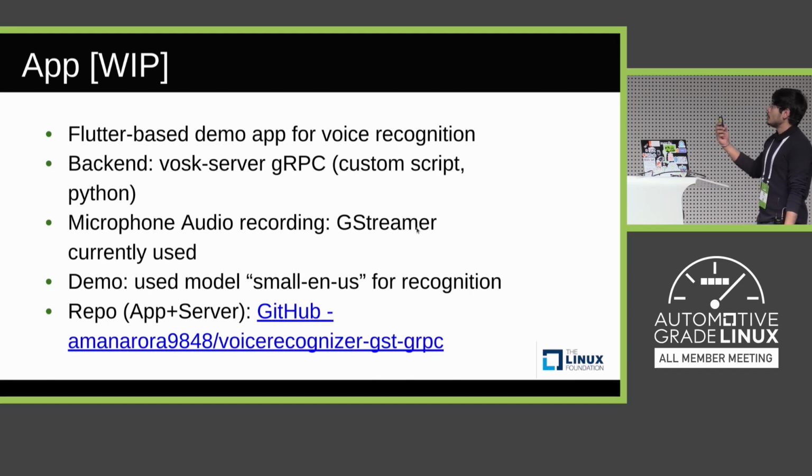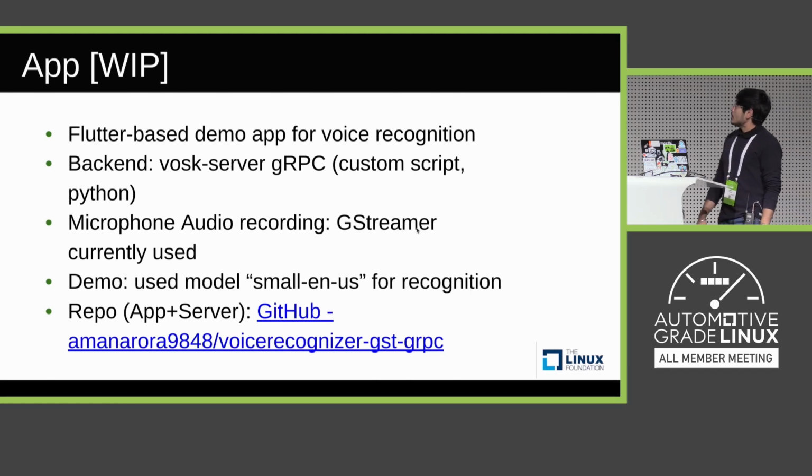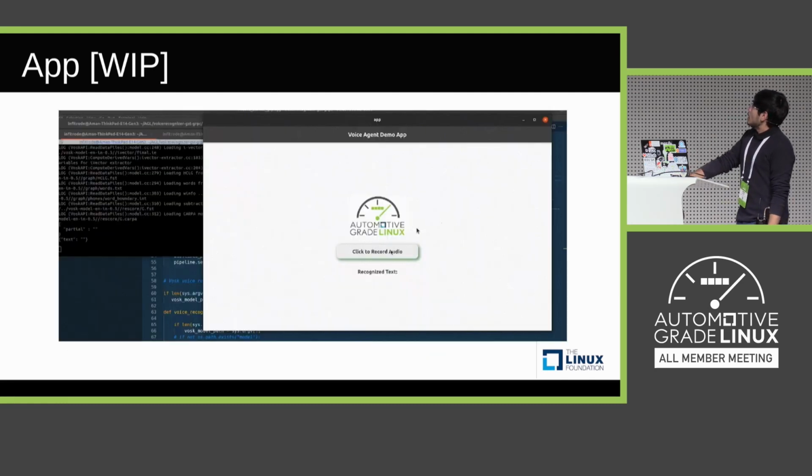It uses gRPC protocol, and for recording, we are currently using a slight workaround. We are using GStreamer to record audio. Once the user presses a button, the recorded audio is sent to Vosk for transcription, and the output is displayed. So it's just a proof of concept, but it's useful. And this is how it works.